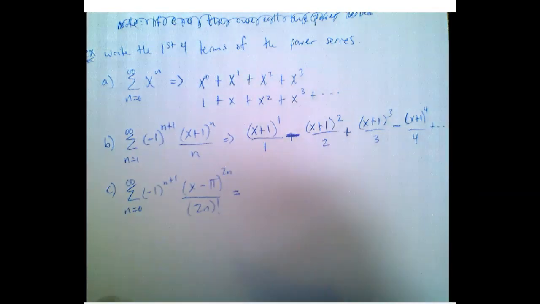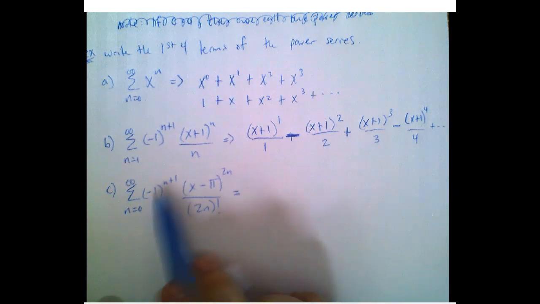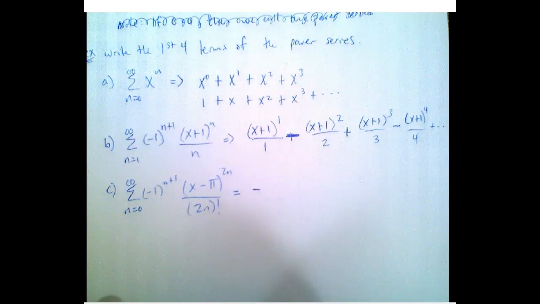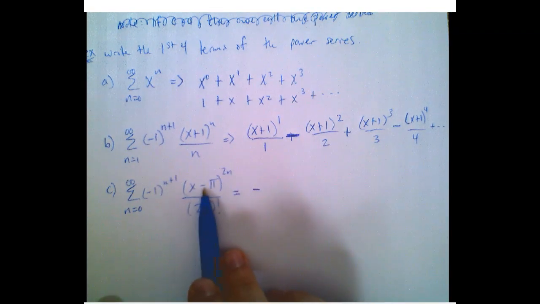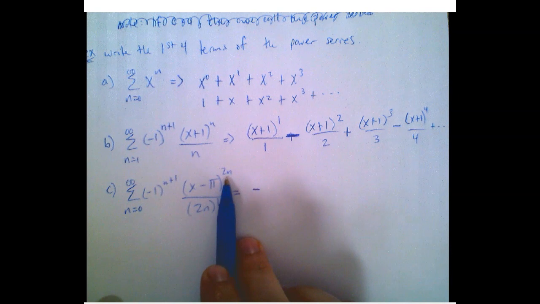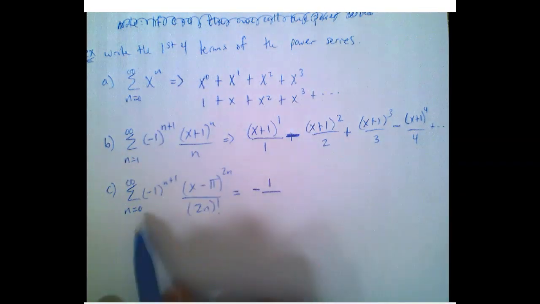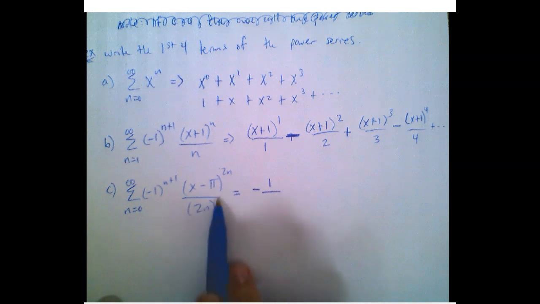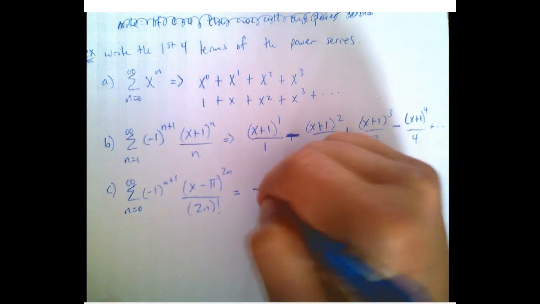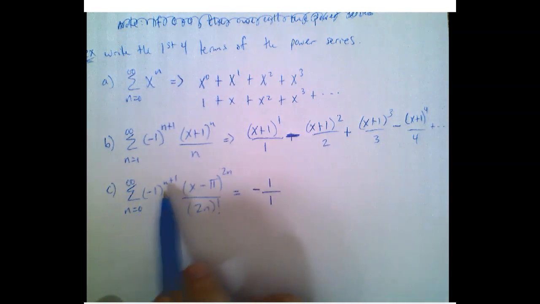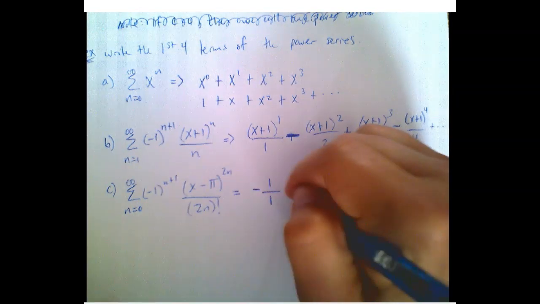So the first four terms, if n is 0, we get negative 1 to the first, which is negative 1. n is 0 here, so that would be x minus pi to the 0, which is also just 1, over, if n is 0, we get 0 factorial, and 0 factorial is defined to be 1. If n is 1, we get a negative 1 squared here, so that'll be positive.